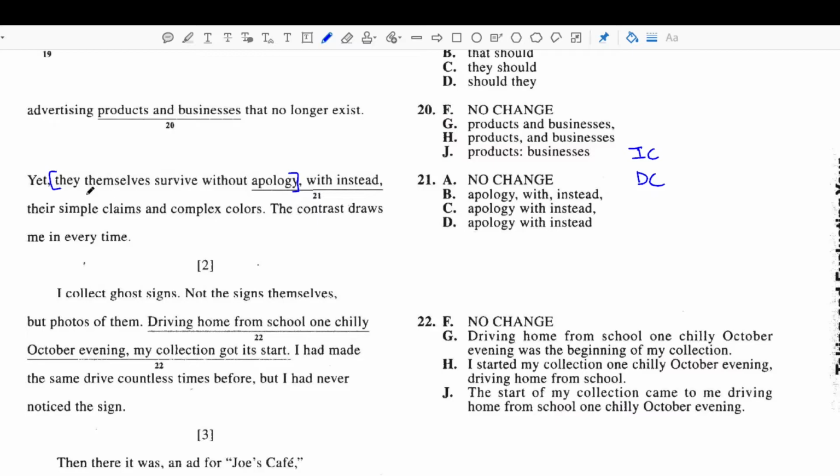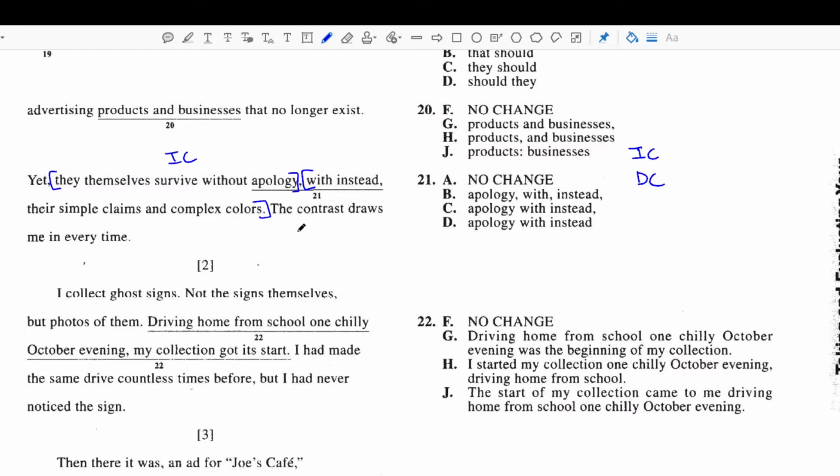Okay, so they themselves survive without apology. All right, so I hope you recognize that's a complete thought. Okay, so it's an independent clause. I'm just separating it out right now. And now I have my next clause, with instead their simple claims and complex colors. Now, is that independent or is that dependent?